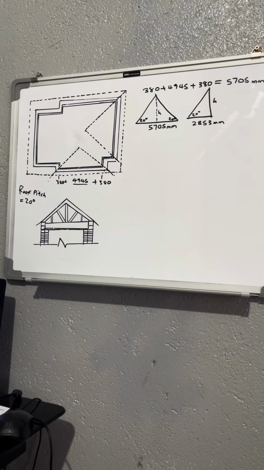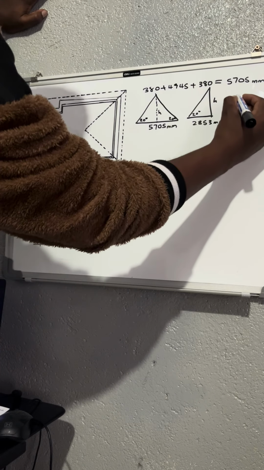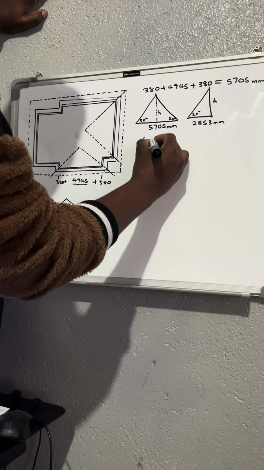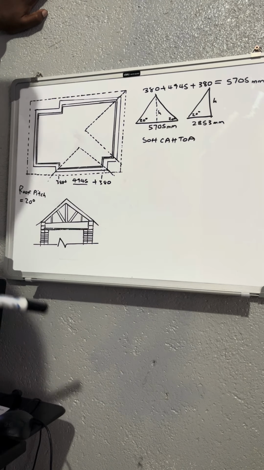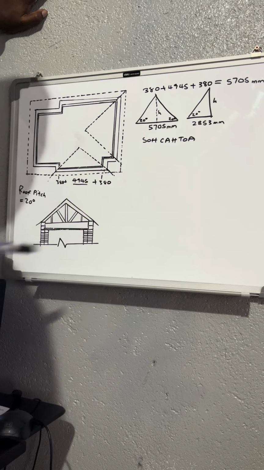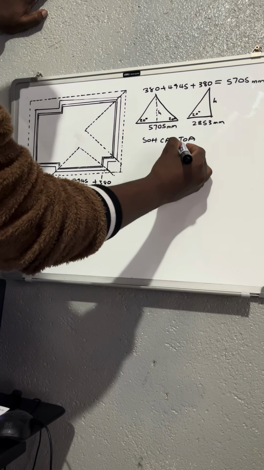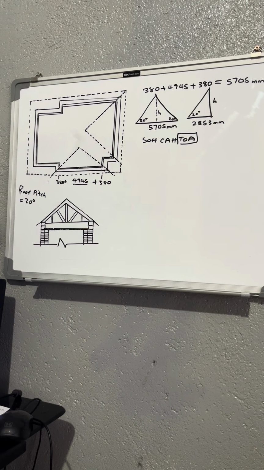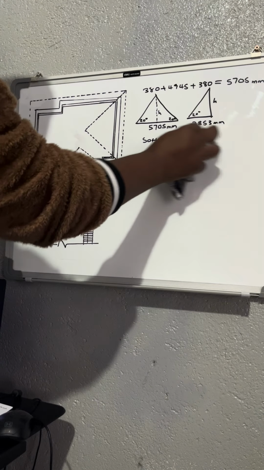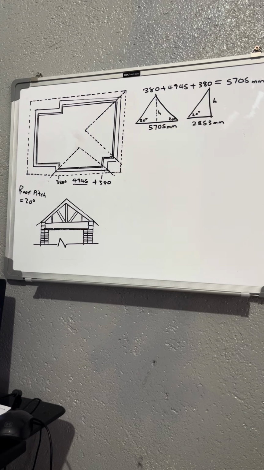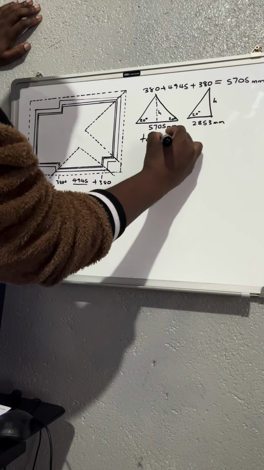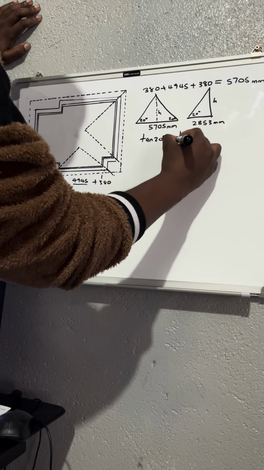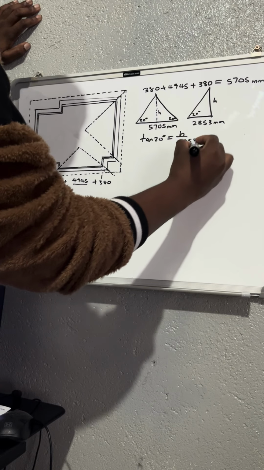Then how do you work out your H? In maths we have SOH CAH TOA, where we want the opposite of this angle, which is our H. It means now we're going to be using tan, you see. So we're going to say tan of 20 degrees is equal to our H over 2853.